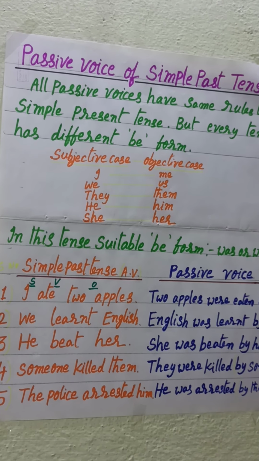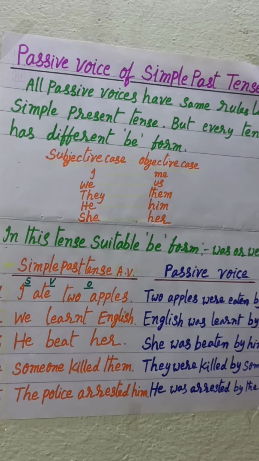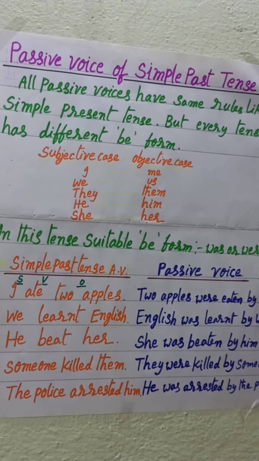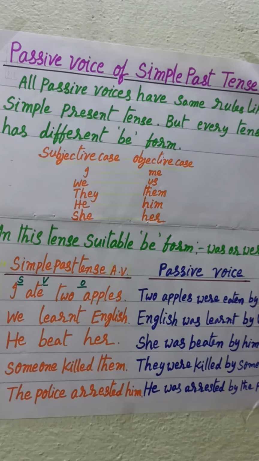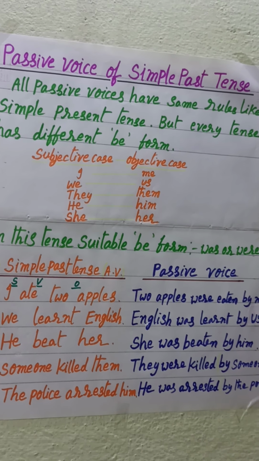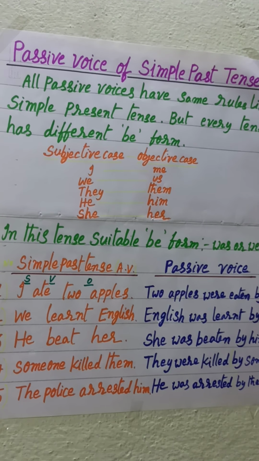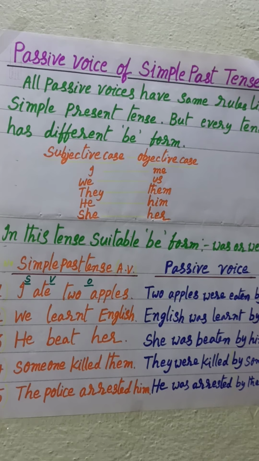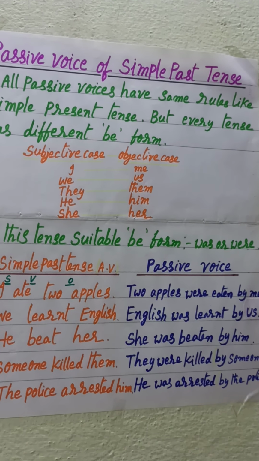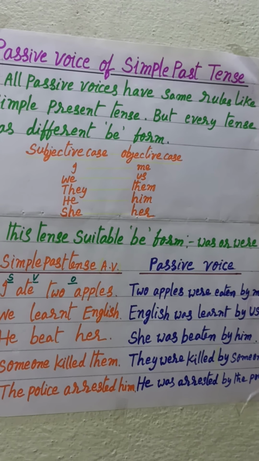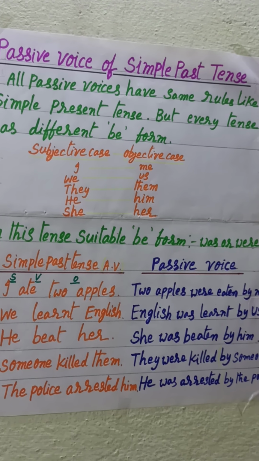Third sentence: he beat her. Here he is subject, beat is verb, her is object. So here he changes to him in the passive, her changes to she in the passive.